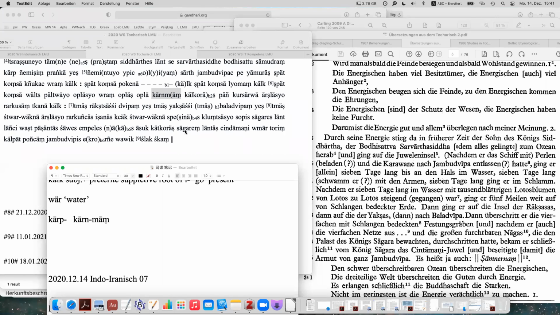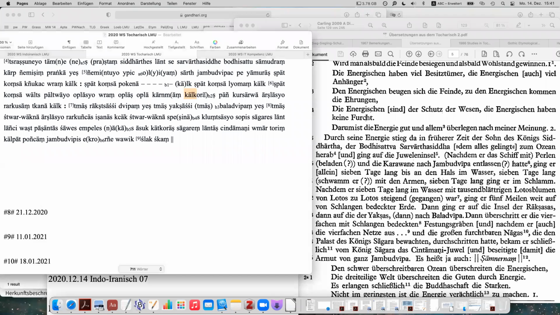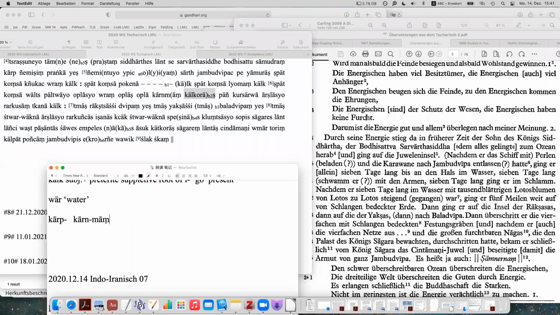Okay. And then kirkosh is again absolutive. Okay. So having walked in the lake with a lot of lotuses.